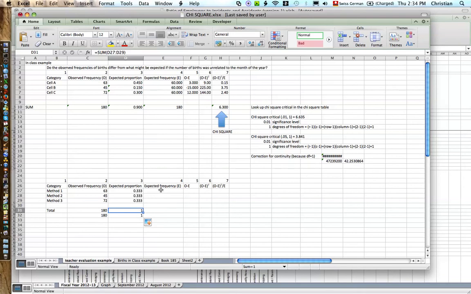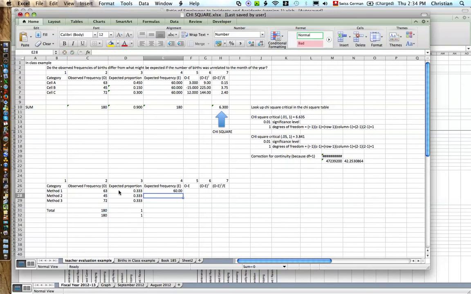Then for expected frequency, we multiply the proportion with the total amount of people, or total amount of people times the proportion, right? If you have a total of 180 people and in each category you want the equal amount, you can divide 180 by the number of categories, which here is quite straightforward. It's 60.